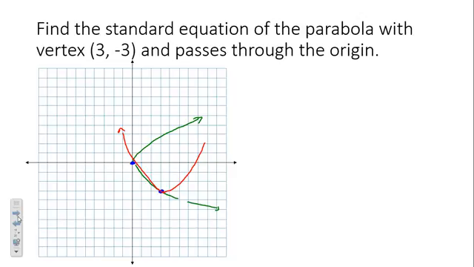Holy smokes, I blew that. That's not the vertex. Sorry about that. Messed it up. Okay, this is our vertex, right? So it has to either open up or it could open to the left. So I have to tell you which way it is because it is an ambiguous case, right?